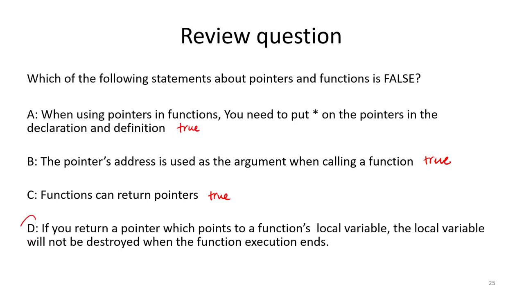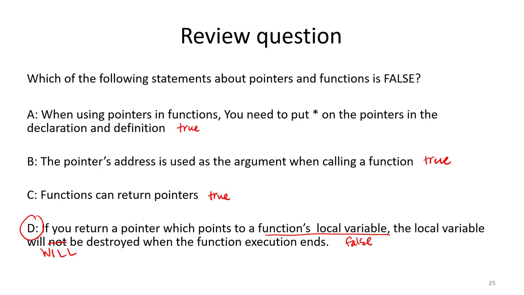Choice D is the false statement. So be careful here, because if you return a pointer to a function's local variable, local variables will be destroyed when the function ends. Just because you have a pointer pointing to that local variable, that's not going to save your local variable.